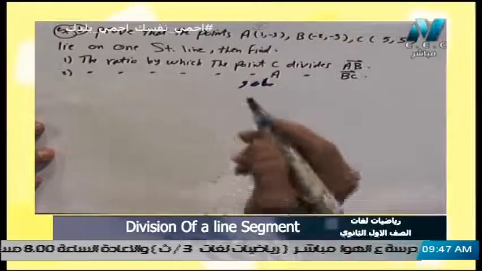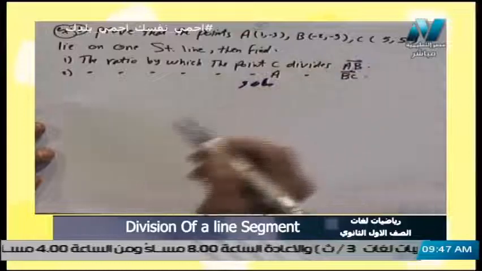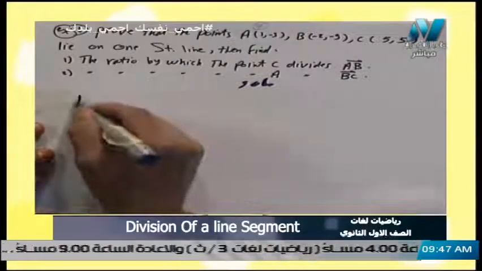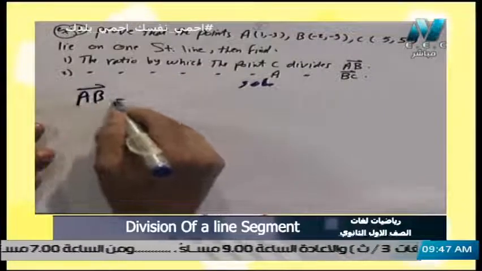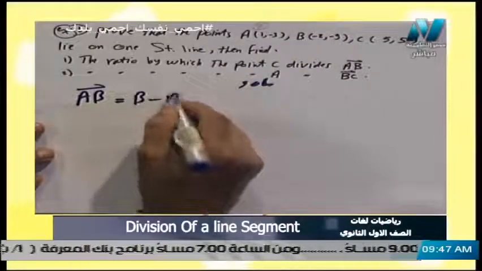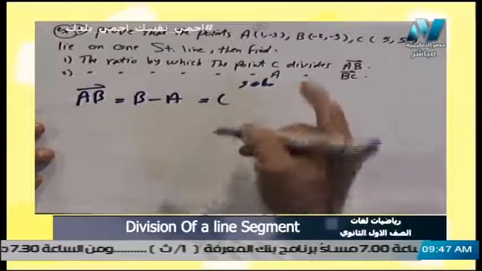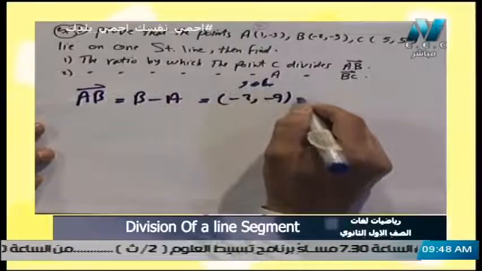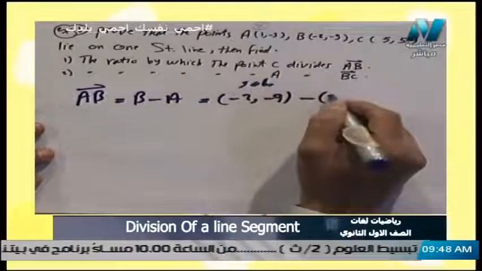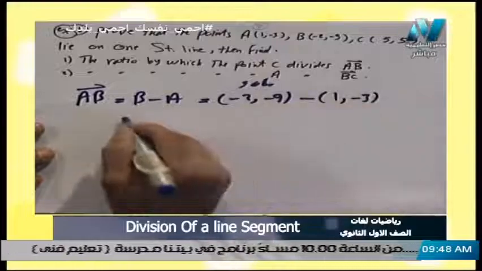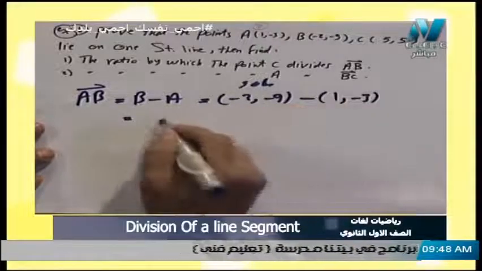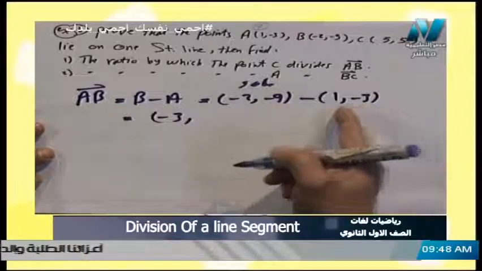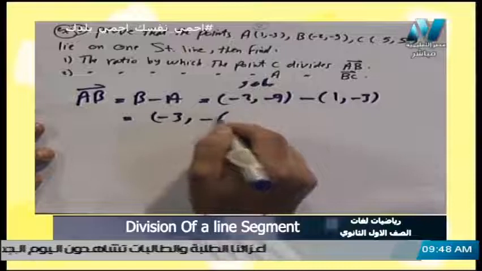We want to prove that A, B, and C are collinear. By using vectors, if we find the vector AB, which is B minus A, which is negative 2 and negative 9, minus A, which is 1 and negative 3, negative 2 minus 1 equals negative 3, and negative 9 minus negative 3 means negative 9 plus 3 equals negative 6.